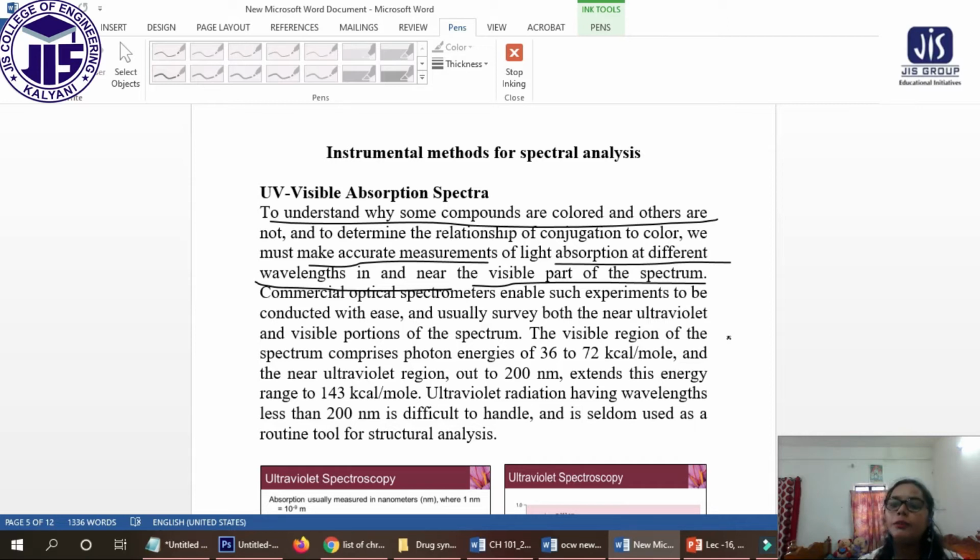If this emitted energy is in the range of visible ray, at that time we can see the color of that molecule.